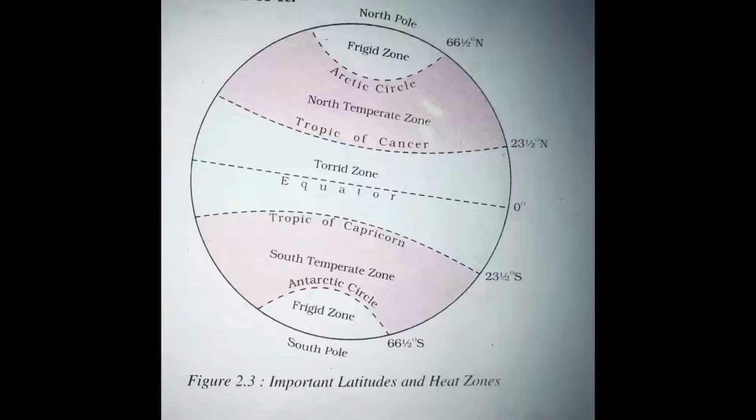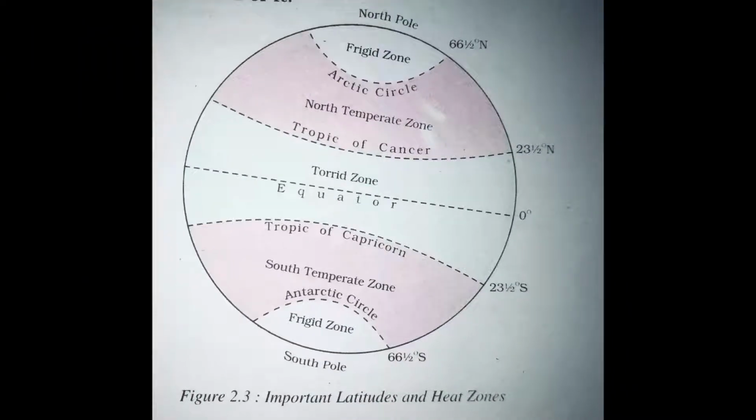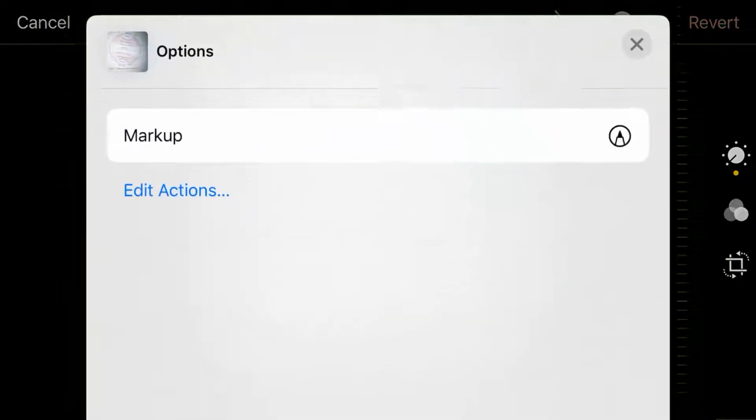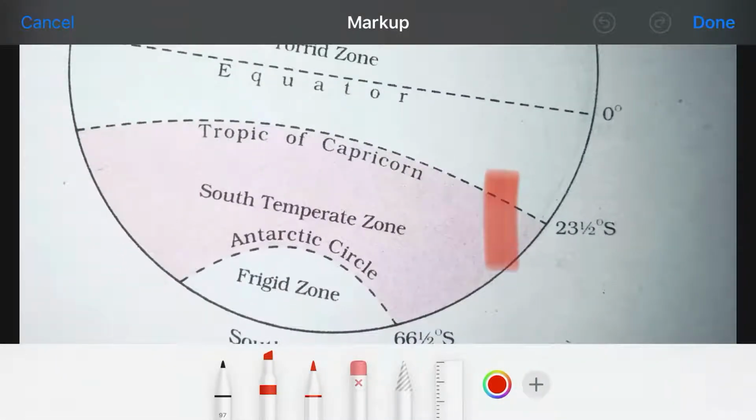The Earth is divided into various parts. One is the equator. The name is given here, equator.